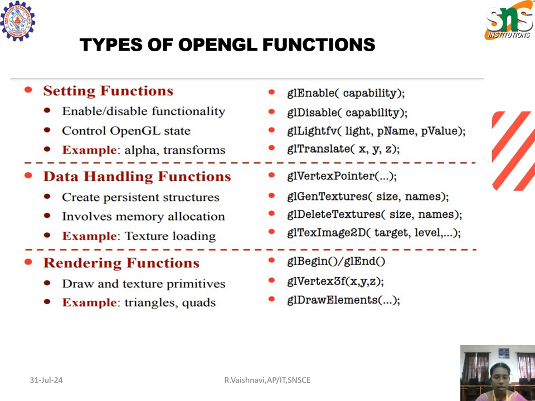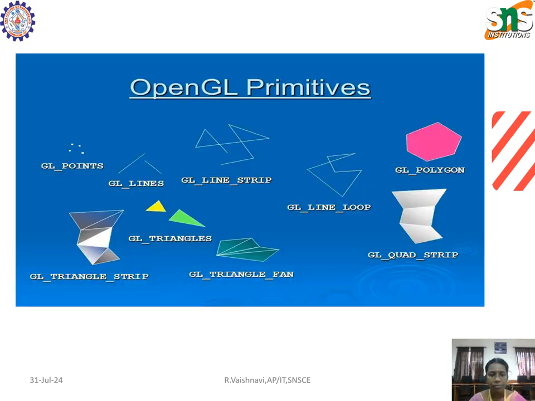Third one is rendering functions, which draw the primitives and textures. On this slide we have the syntax for the setting functions, that is glEnable and glDisable, glLightfv, and glTranslate. Like this we have the syntax for handling functions, and here we have the syntax for rendering functions.